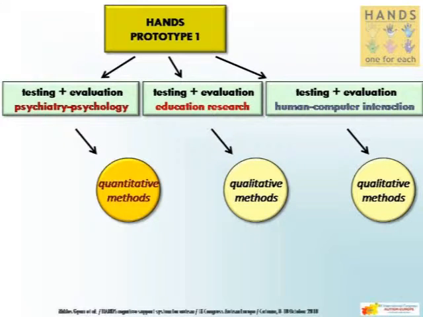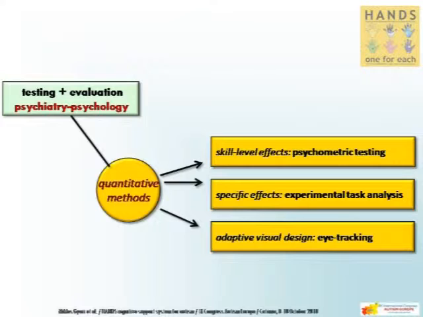So we are the only team which uses quantitative methods primarily, and the educational researcher and human-computer interaction researcher use qualitative methods primarily. I'm speaking about our part, our share in the work, of course.